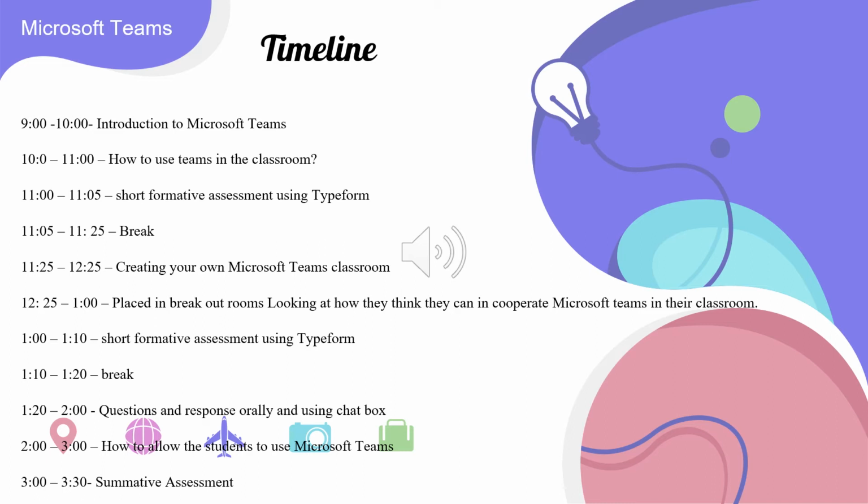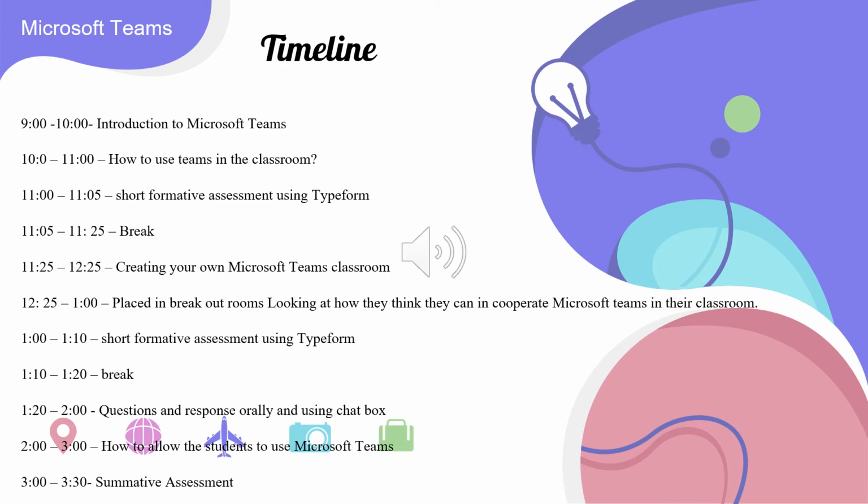During this process, the facilitator will allow teachers or the audience to give comments in the comment sections, and they will be having oral talks as well as question and answer as they go along this session, to make sure that the teachers are able to have a clear understanding of how to use Teams in the classroom.